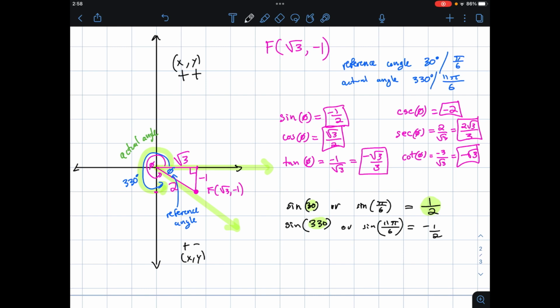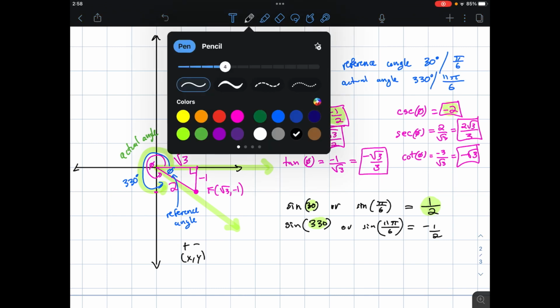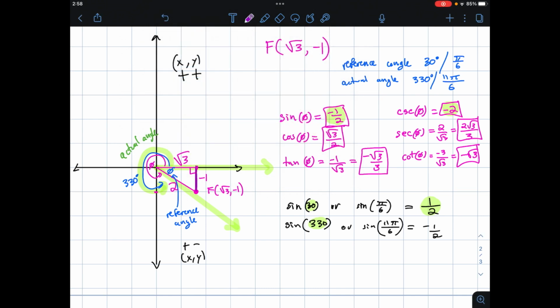Notice the ratios that end up negative in our set. So our sine ratio and our cosecant ratio, which are ratios of the y-coordinate, basically. It is the y that is on this negative side to the hypotenuse, which is always positive, so it comes out negative.